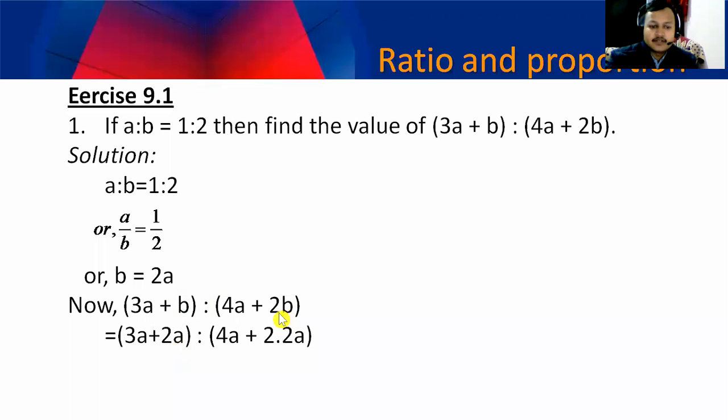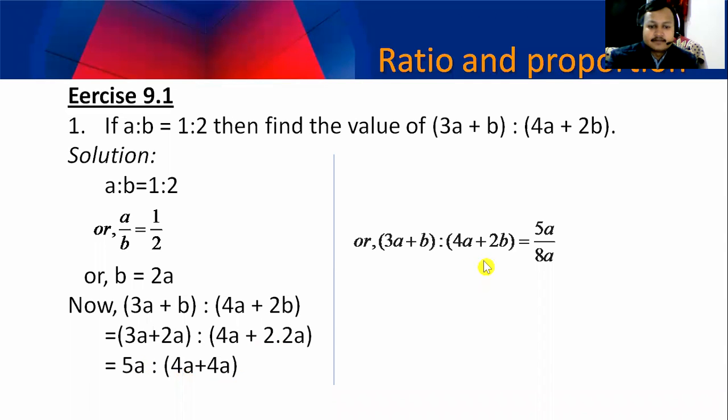Similarly 2 into B is 4A. So 2A plus 3A is 5A, divided by 4A plus 4A, 8A. A and A cancel. It is 5 by 8. So our answer: 3A plus B is to 4A plus 2B is equal to 5 is to 8.